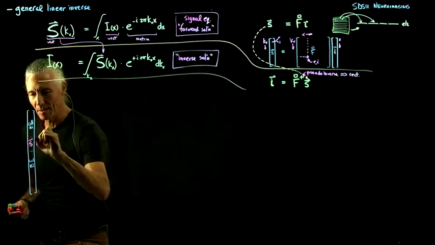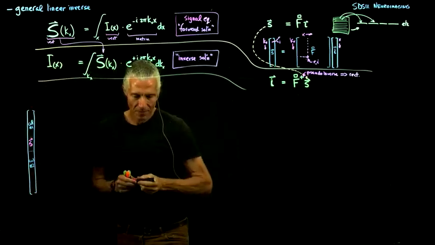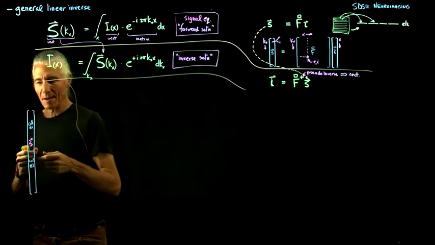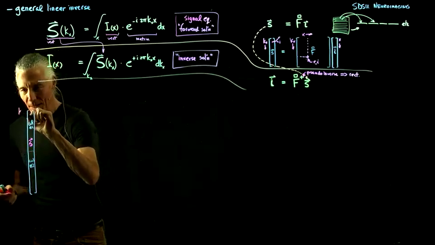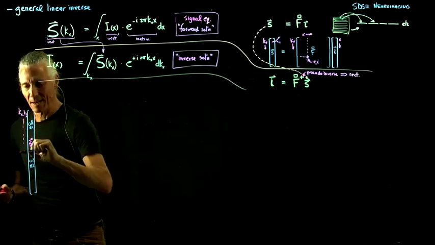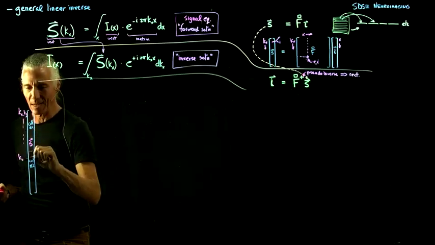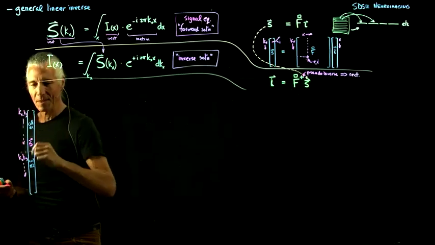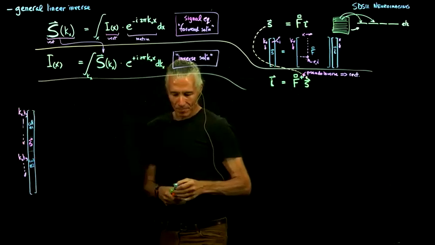Here's our S vector, and it's a 2-dimensional image, so this would be kx, ky going down like that, and then another copy of kx and ky coming out of the other coil, going down there.